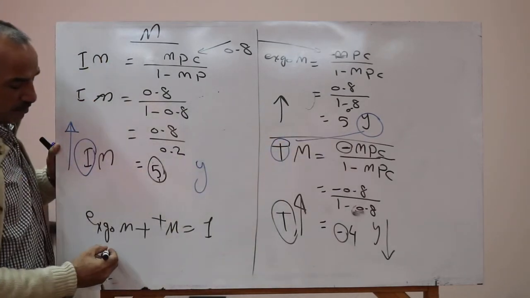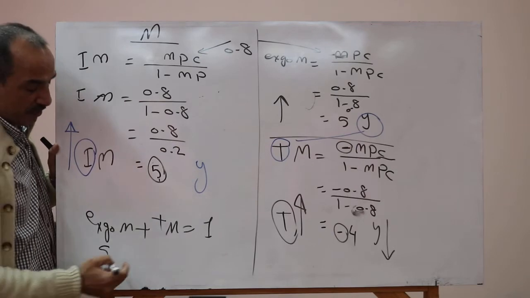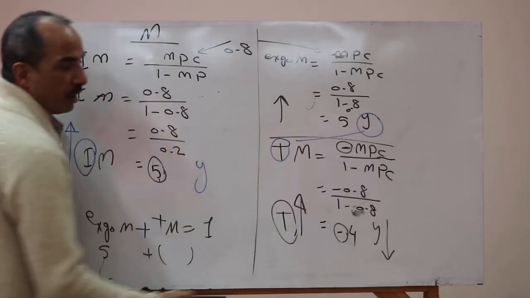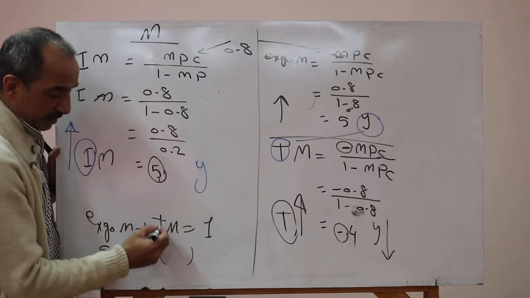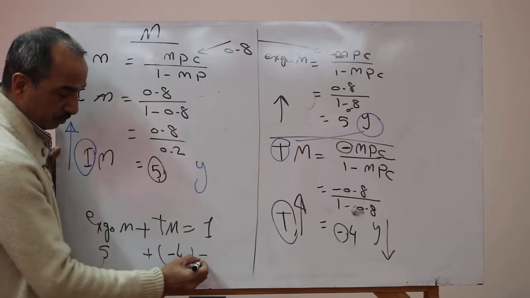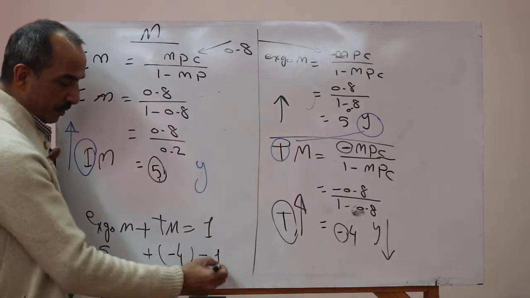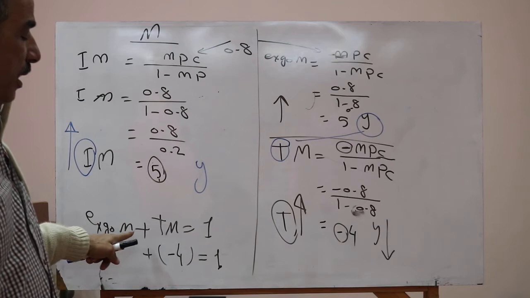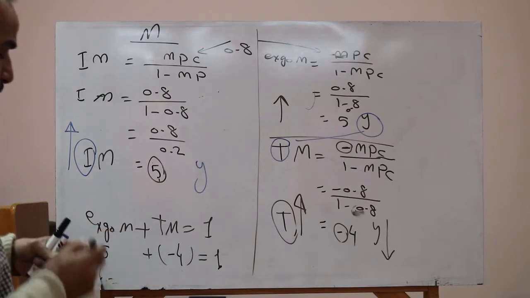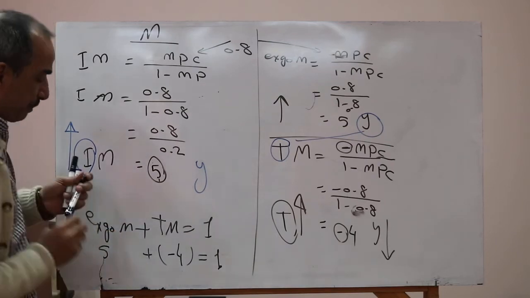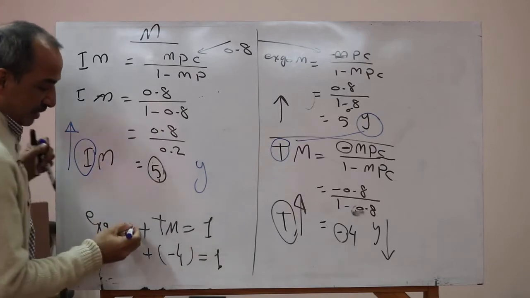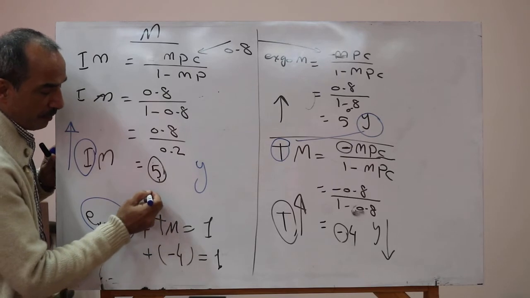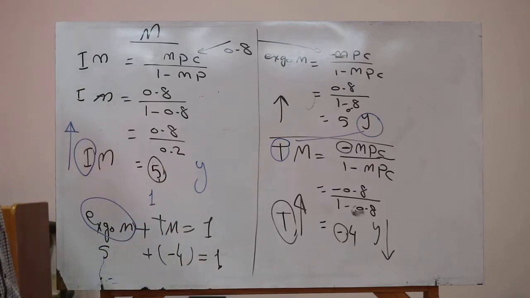Government expenditure multiplier equals 5, plus the tax multiplier equals minus 4, which equals 1. So the expenditure multiplier must be greater than the tax multiplier by 1 unit.